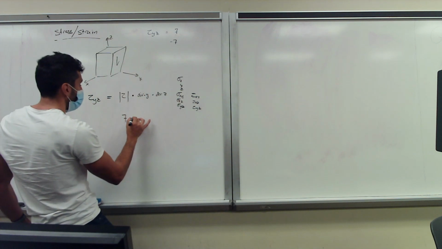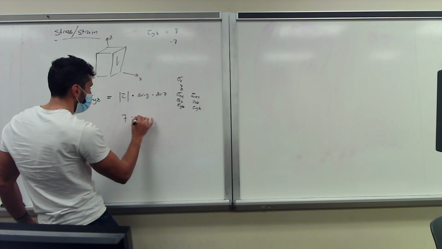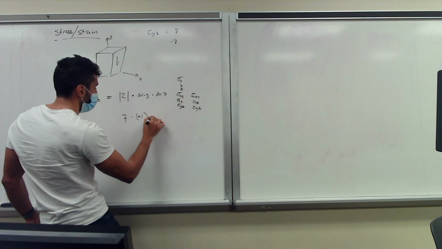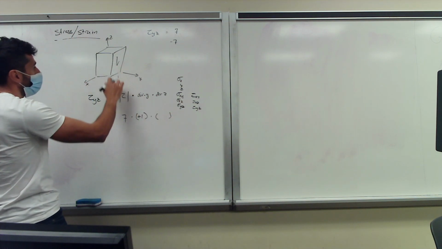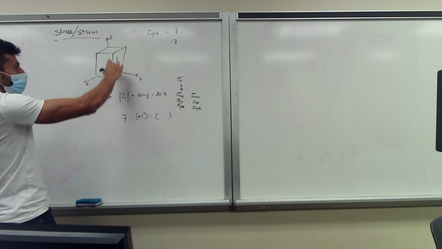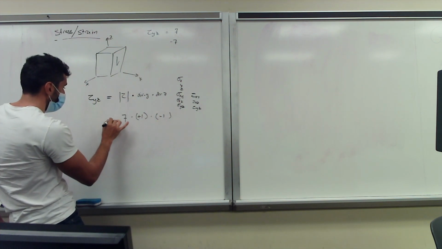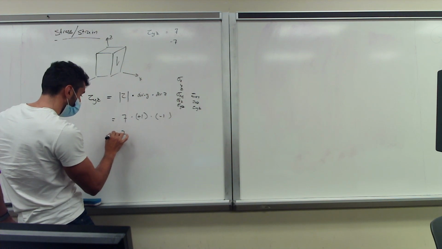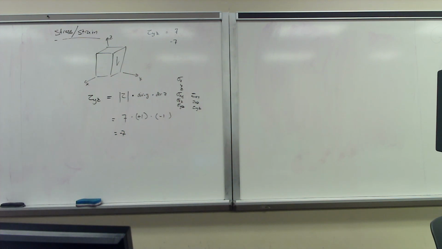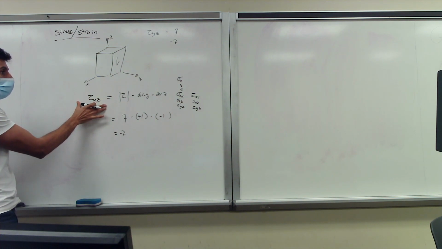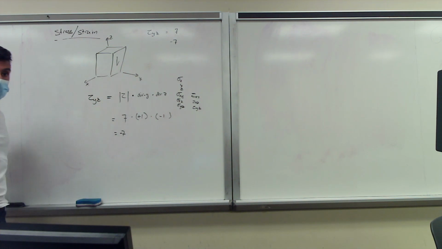In this case, y is +1. And the directionality is pointing downwards, while z is positive upwards. So this is -1. Therefore, you know that the value for tau yz in this configuration is -7, or negative whatever number it is.